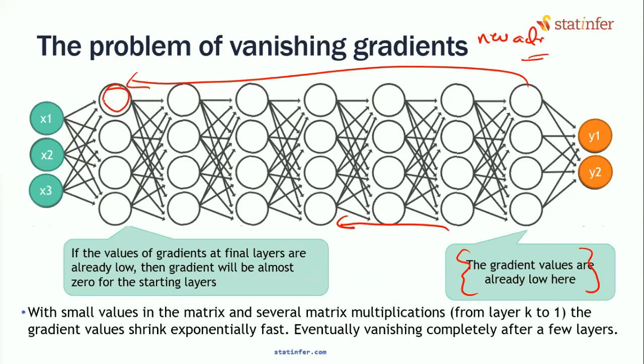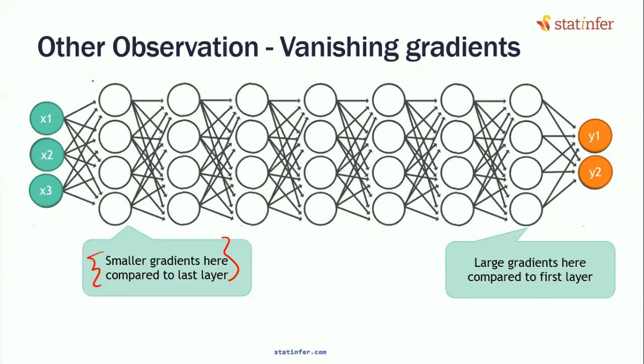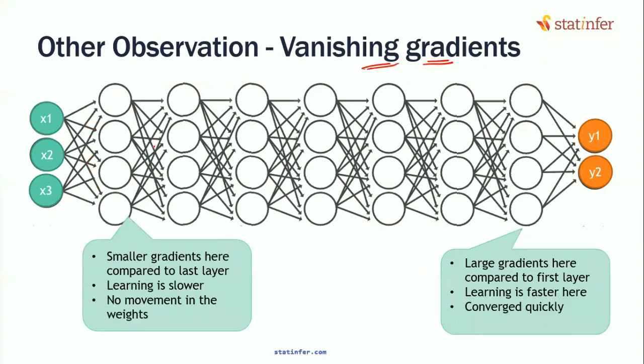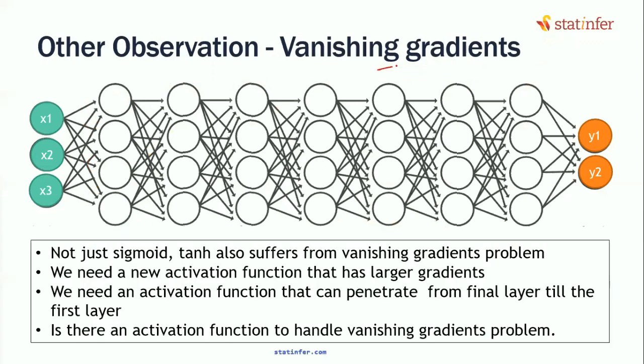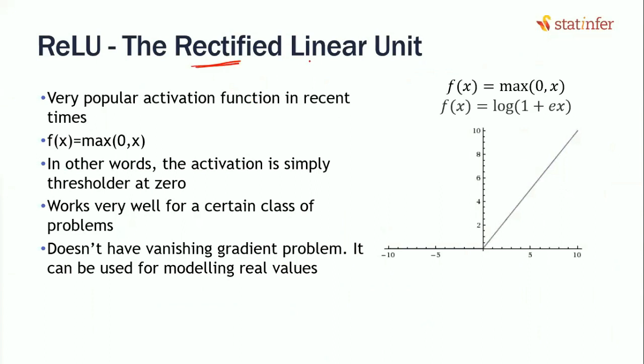There has to be a higher value. Gradient should not vanish. It should not get to zero. A new activation function has been created that will resolve this problem of vanishing gradients beautifully. That particular activation function is known as rectified linear unit function.